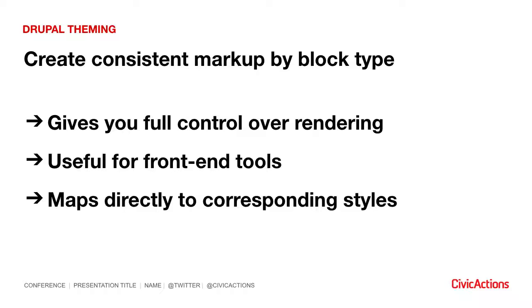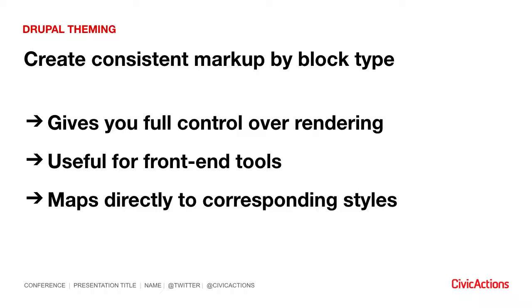So the way that we solved that, we wanted to make sure that we had consistent markup for any block type that we were working with or that we built, because we wanted to have full control over how that structure was being rendered, right? We wanted the same markup to be represented consistently for every single block type. And there wasn't a really clean way to do that with core.